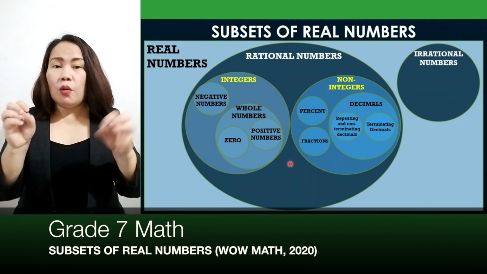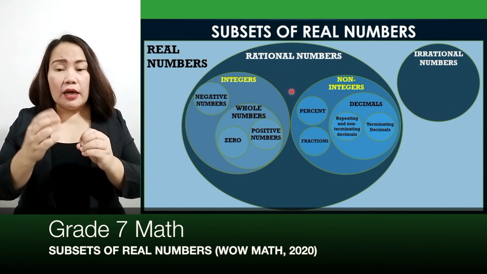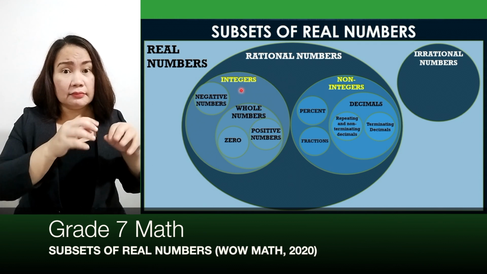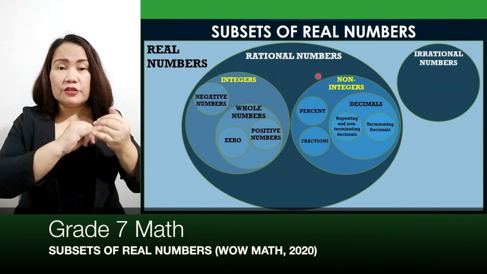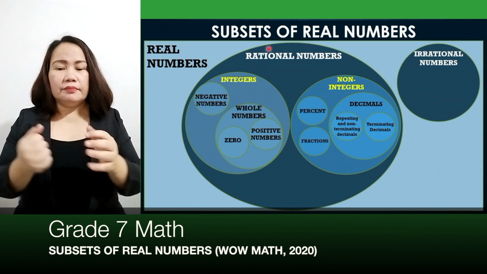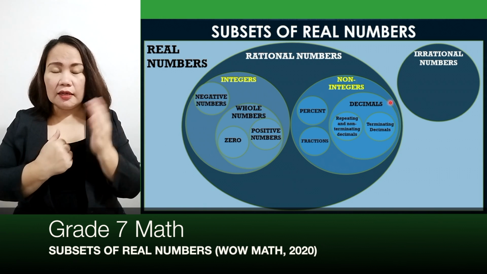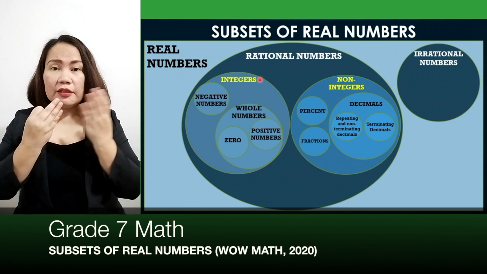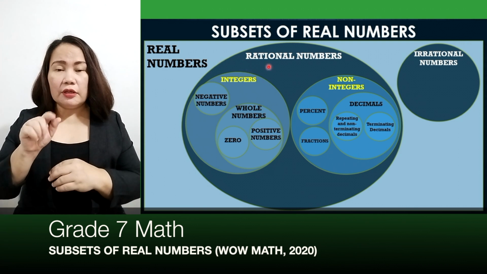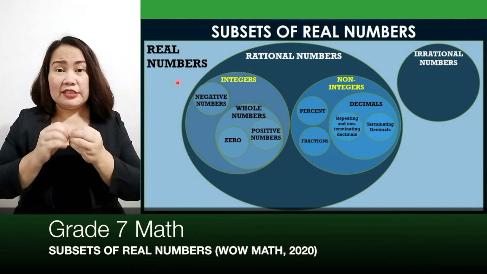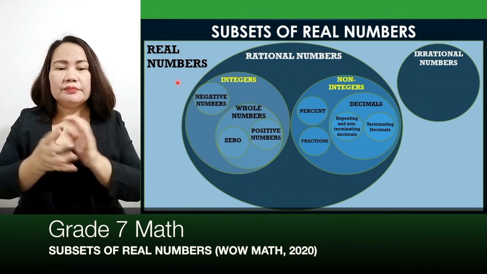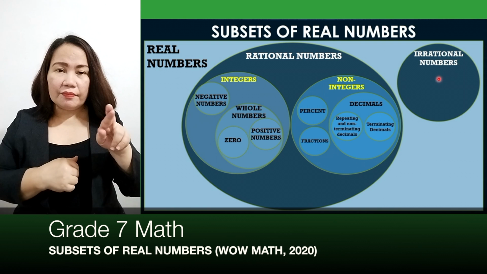'Di ba? So hindi sila nag-overlap, therefore walang intersection ng integers and non-integers natin. So take note natin yung family ng ating rational numbers na kabilang or also one of the subsets of real numbers.